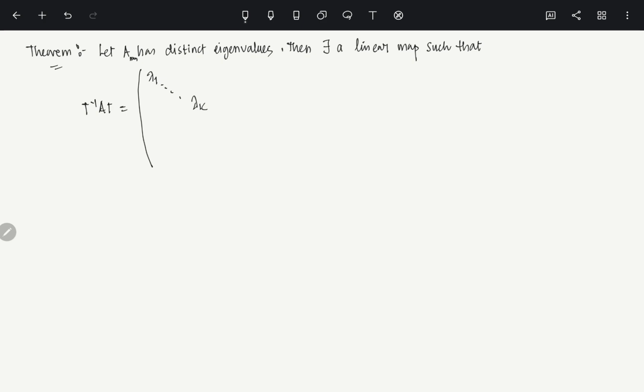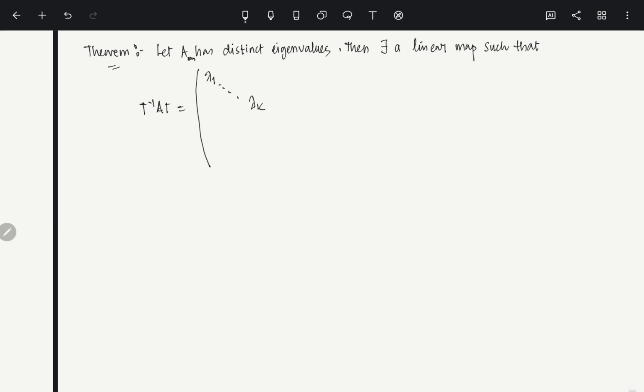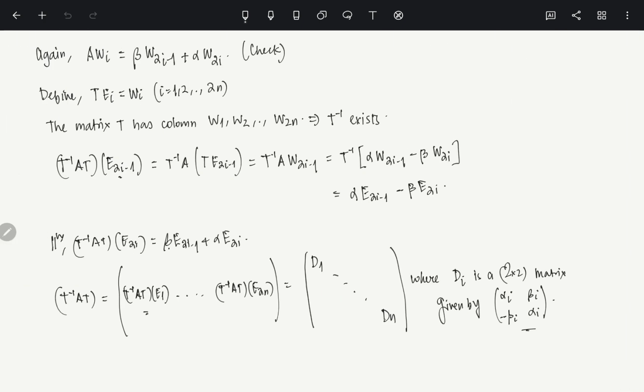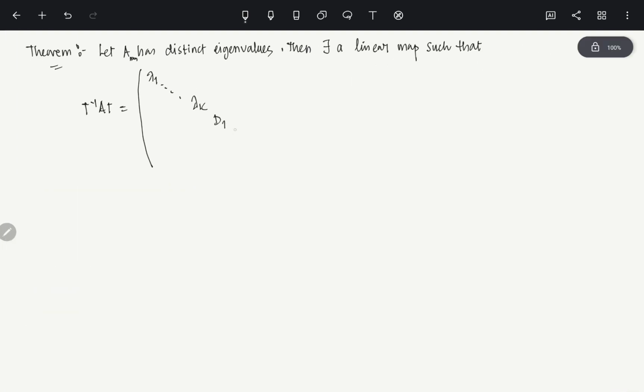For the complex part, what you have is d1, d2, up to dp, where Dp looks like this: alpha p, beta p, minus beta p, alpha p.